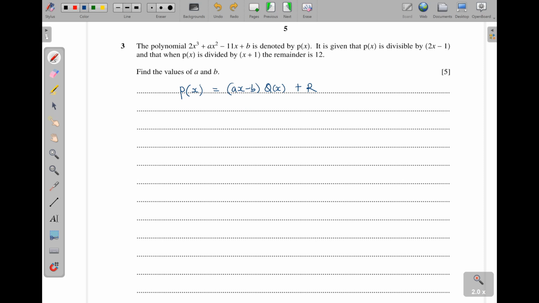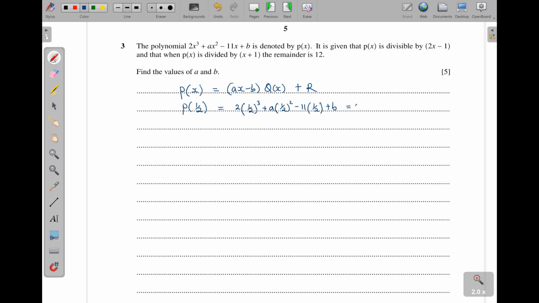So if we get p of a half after equating this one to 0, then we substitute in here. We shall get 2 into a half cubed, then plus a into a half squared, minus 11 of a half, then plus b.